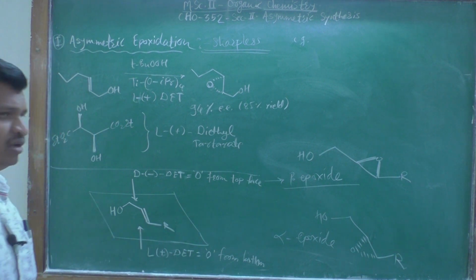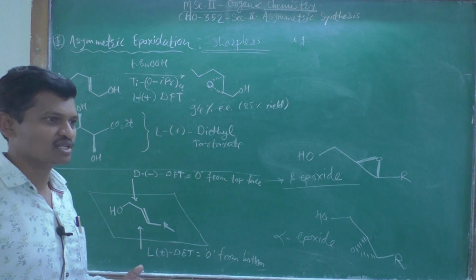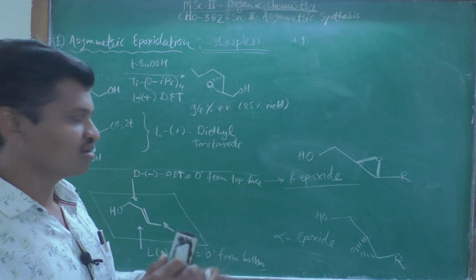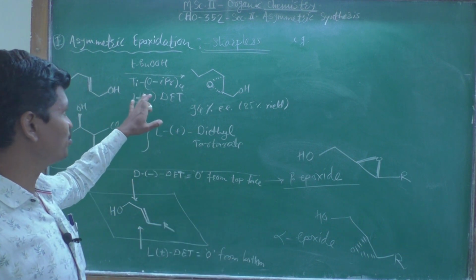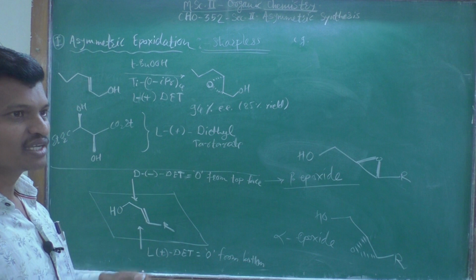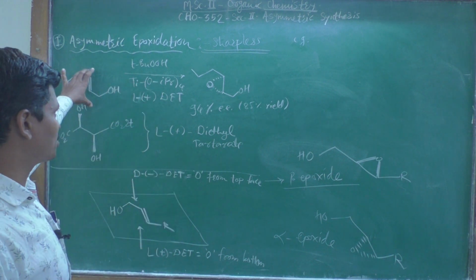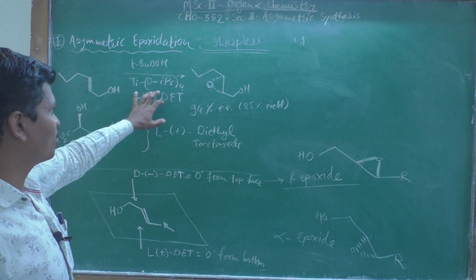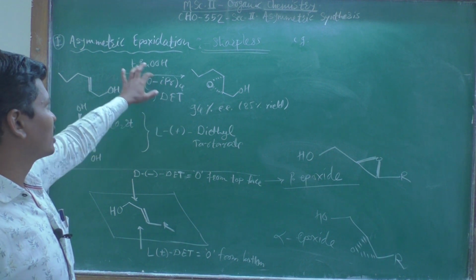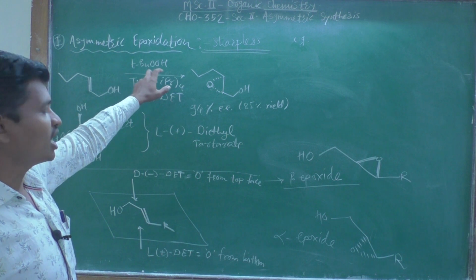Okay, now how this actually happens is very critical. The titanium forms a complex. A critical complex is formed by titanium tetraisopropoxide with the diethyl tartarate along with the tertiary butyl hydroperoxide.